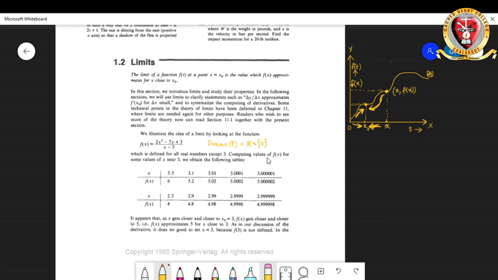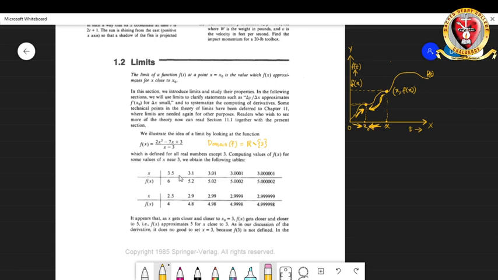So in the next step, we are going to calculate some values of the function for x near this 3. We said that 3 doesn't have a corresponding functional image because the denominator is going to 0. We are going to find the values of the function for x really close to 3.